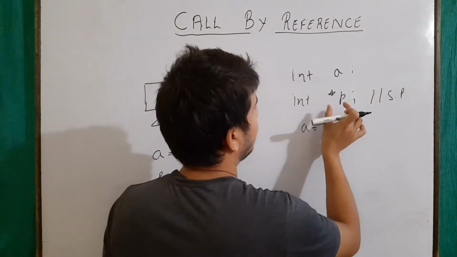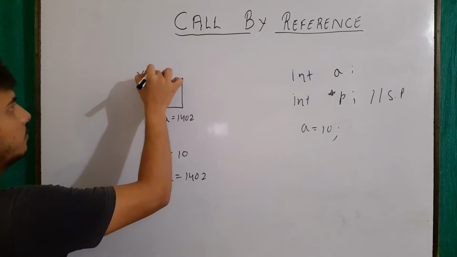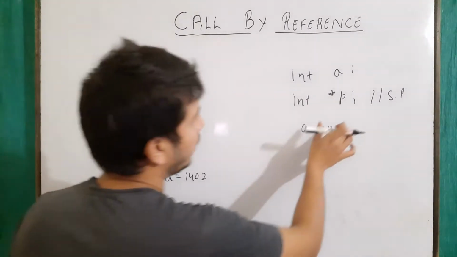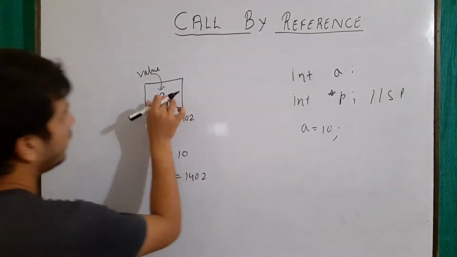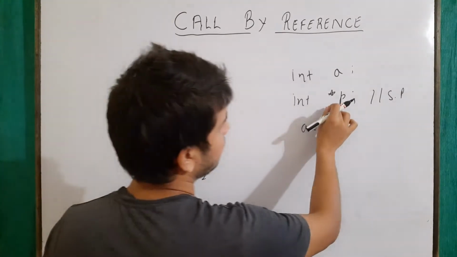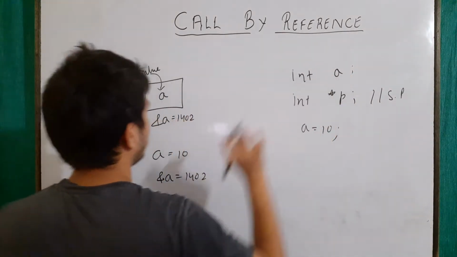Now this a is holding some value, and this is its address. A pointer variable, instead of holding a value, holds some address. Since it is a single pointer, it will only hold the address of a normal variable.